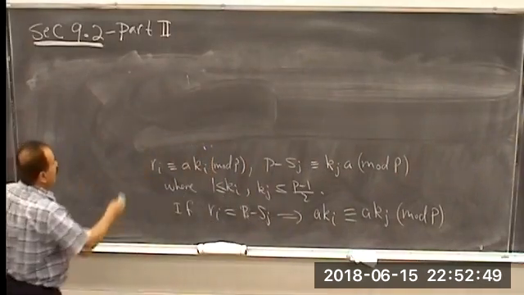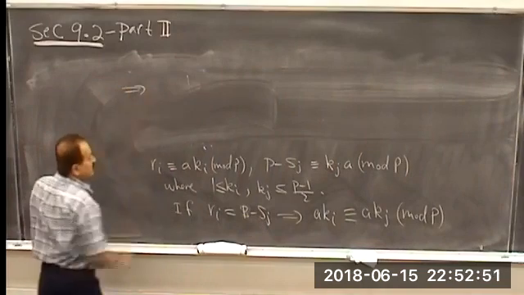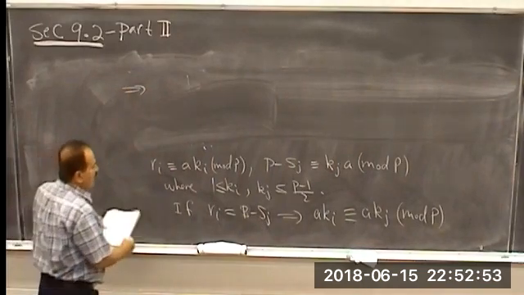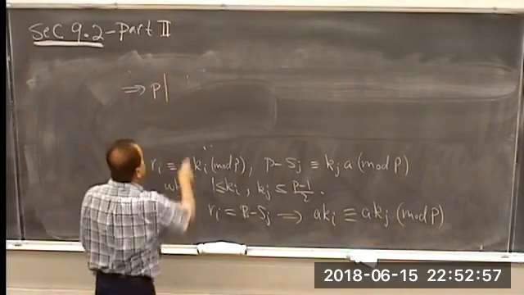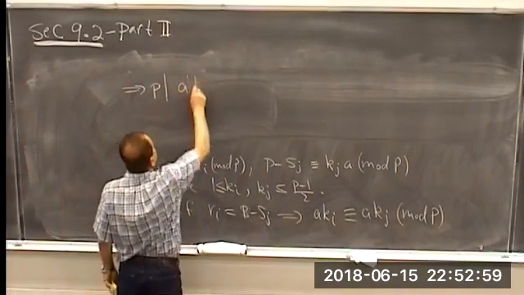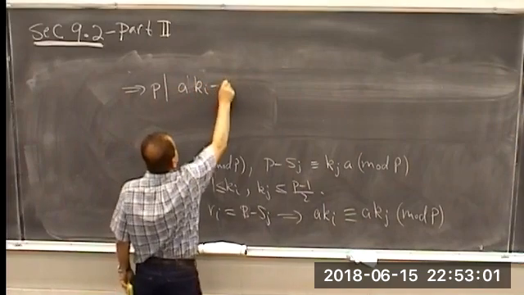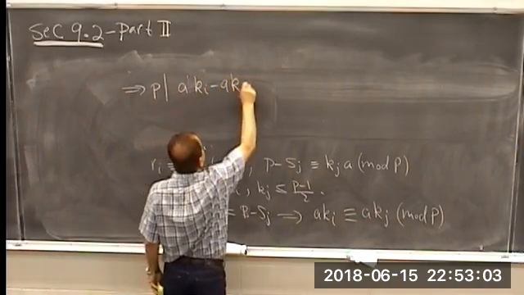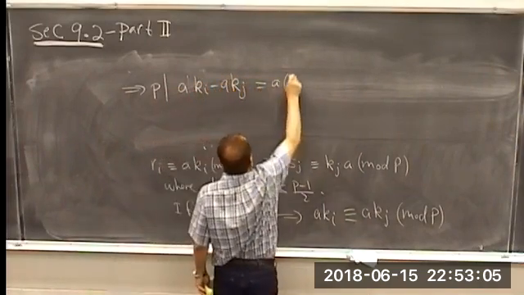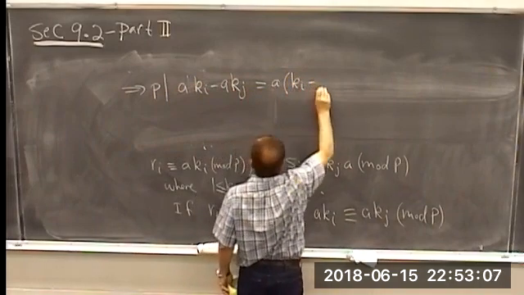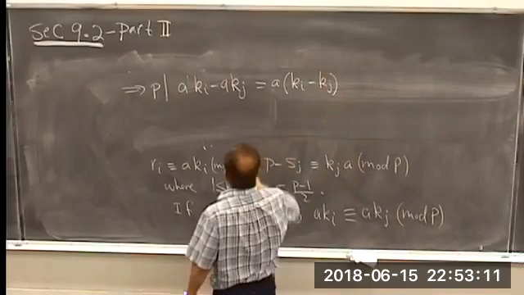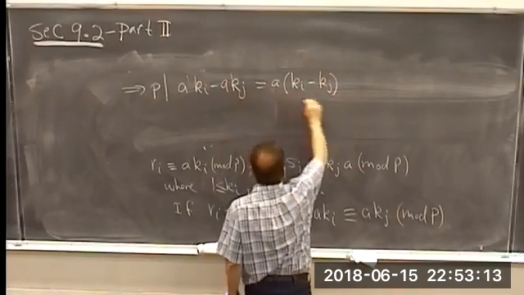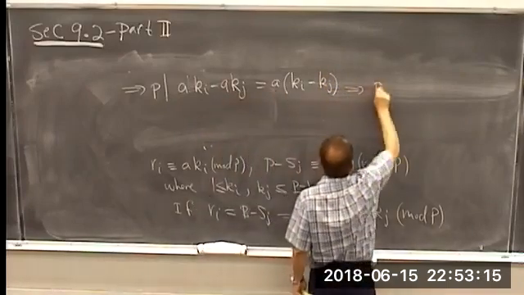So this implies that p is going to divide the difference a k sub i minus a k sub j, which is equal to a times (k sub i minus k sub j). And again, since p is relatively prime to a, the p must divide the difference.